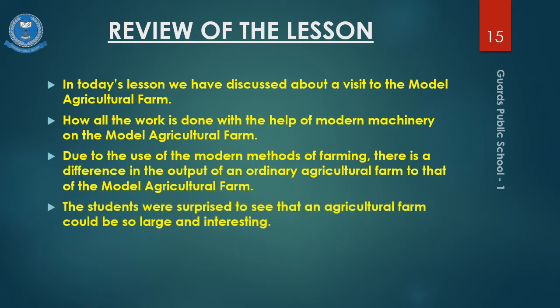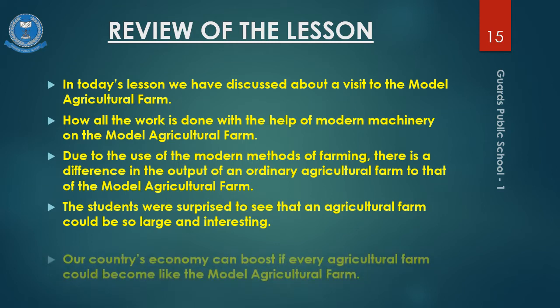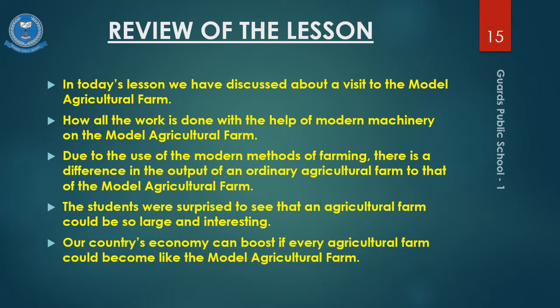The students were surprised to see that an agricultural farm could be so large and interesting. Our country's economy can boost if every agricultural farm could become like the model agricultural farm.